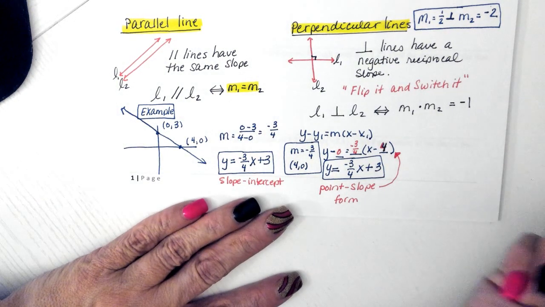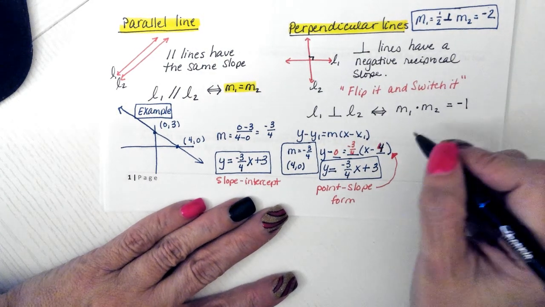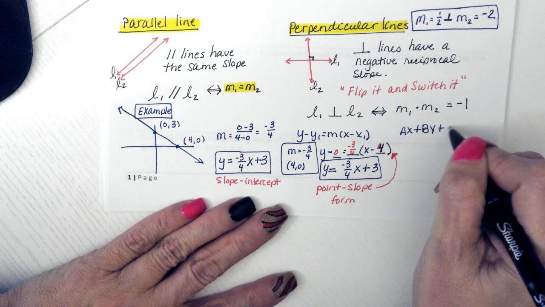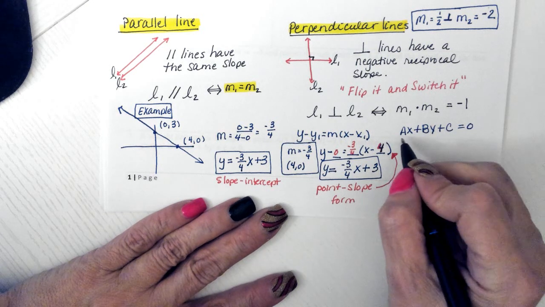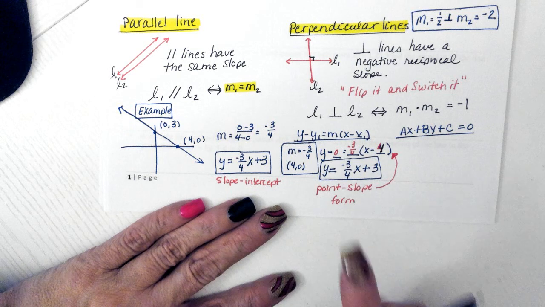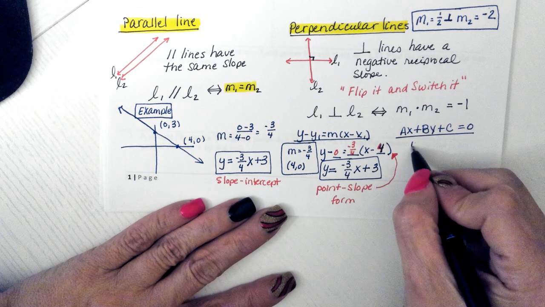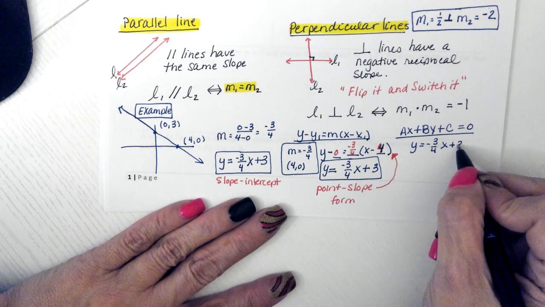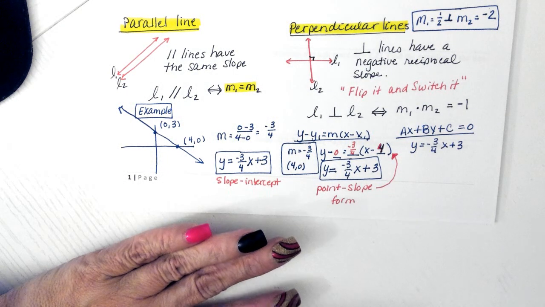Now, general form is ax plus by plus c equals 0. So if I want to go to general form, I'm going to take this, which is y equals negative 3 over 4x plus 3. I want to get rid of the fraction first.